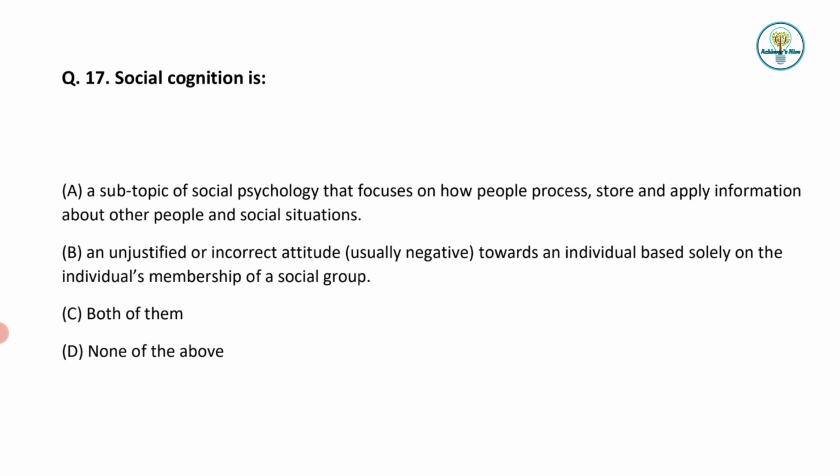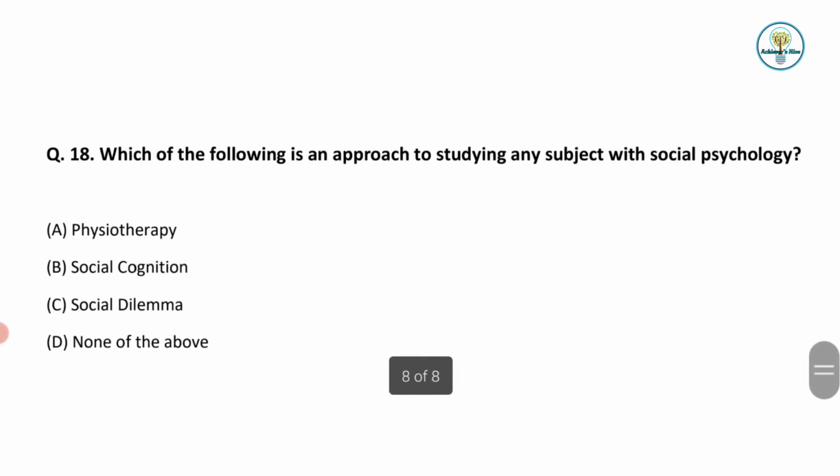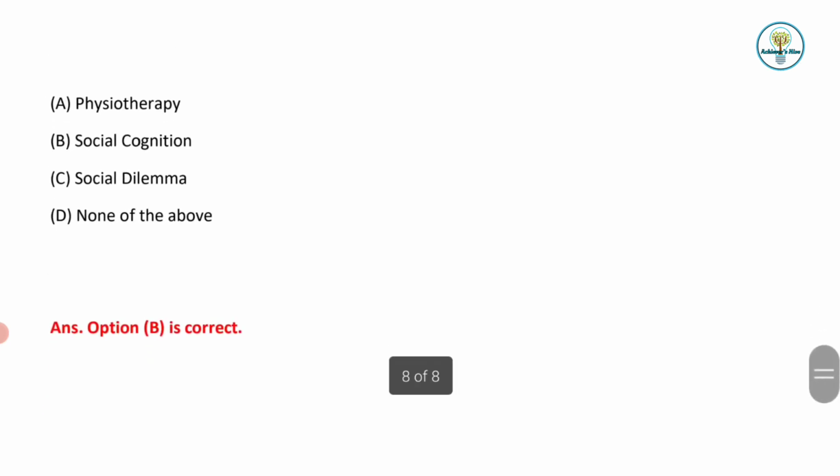Simply you know that social cognition is a process of interacting in the social world and getting a lot of knowledge about it. So option A has to be the correct answer. Last question: which of the following is an approach to studying any subject with social psychology? This is what we were just talking about, that is known as social cognition. This is also the definition of social cognition. So the correct answer is option B.